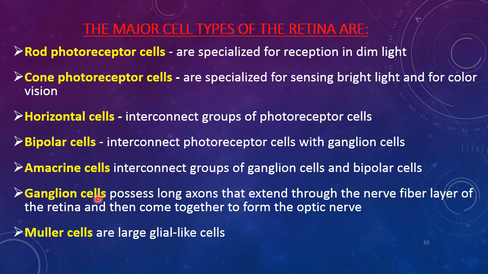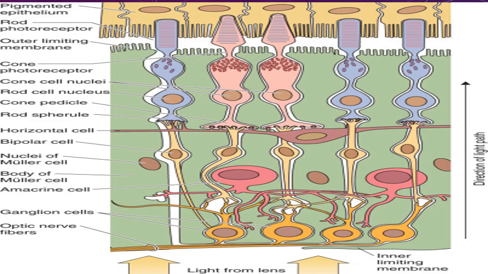And the bipolar cells and the ganglion cells are the conducting cells. So this is a very interesting and self-explanatory diagram which shows you all types of cells present in the retina, and by looking into their structure you can also understand the functions of these cells as well.